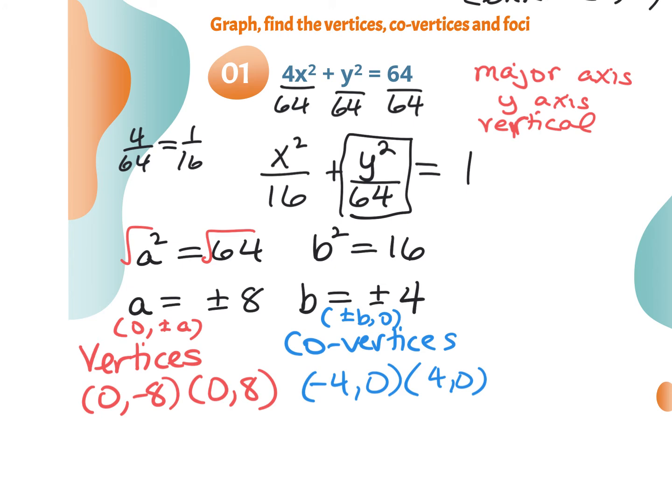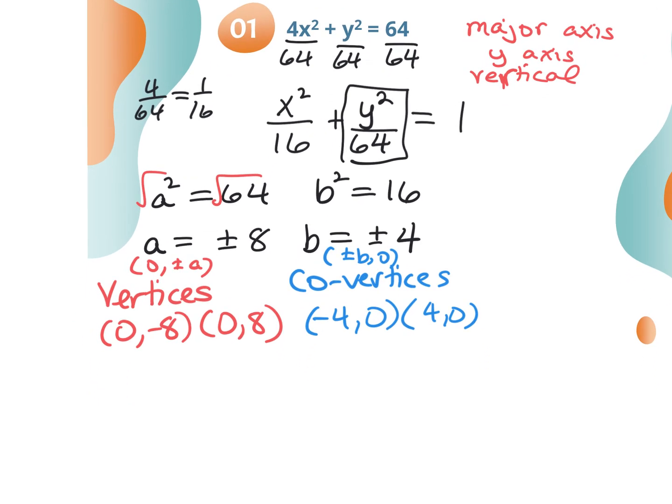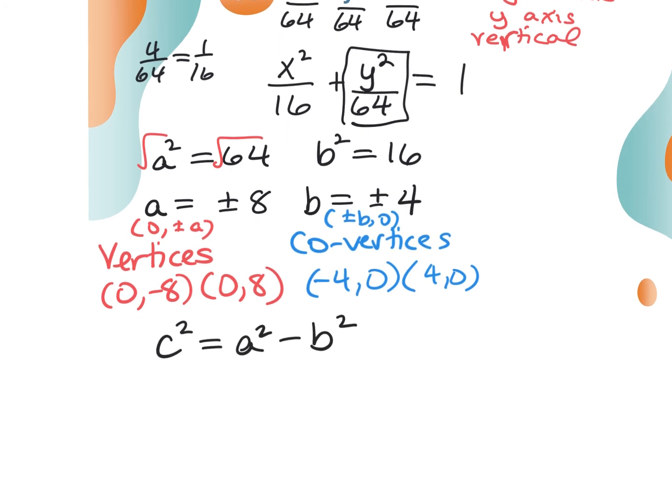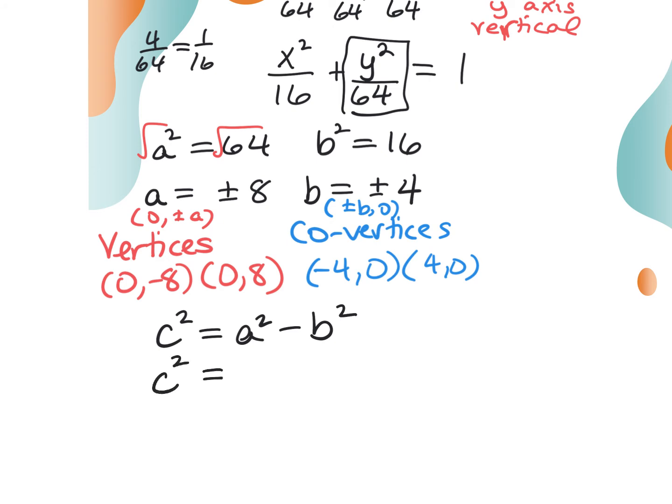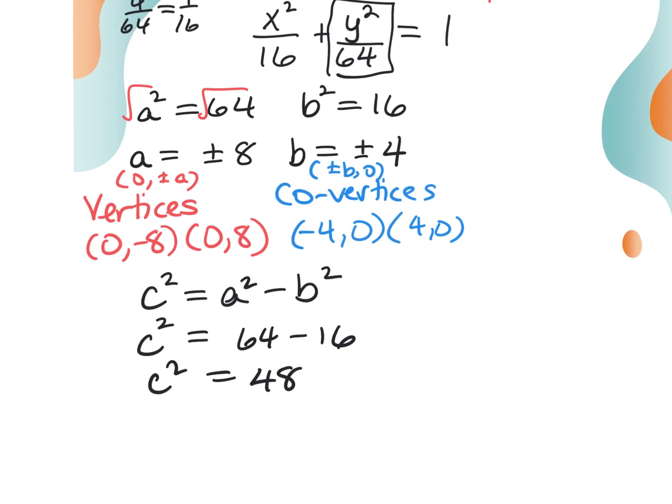We still need to find the c value for the foci. So we're going to use the formula c squared equals a squared minus b squared. So c squared is equal to 64 minus 16. 64 minus 16 is 48. I need to square root both sides, and I end up with c is equal to plus and minus the square root of 48.